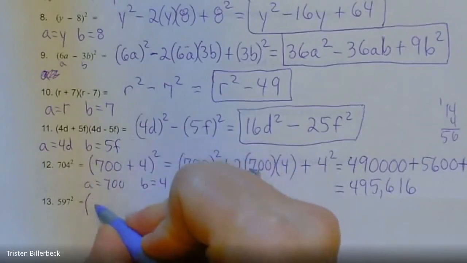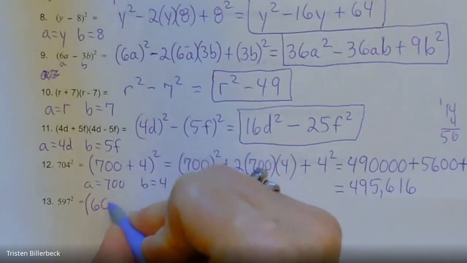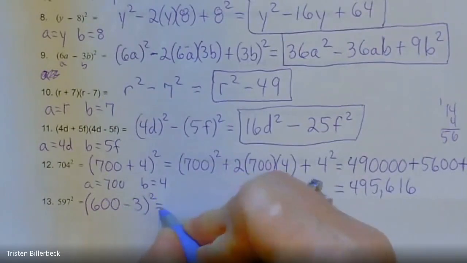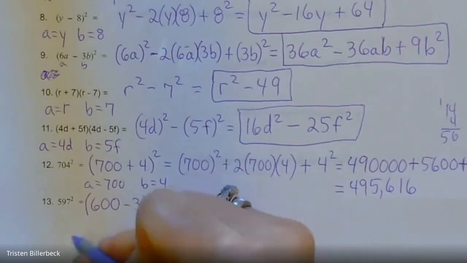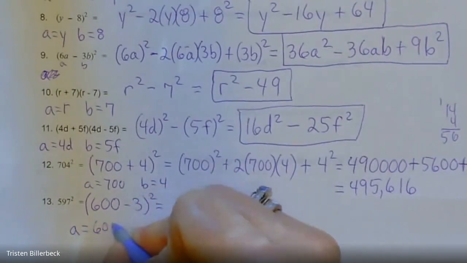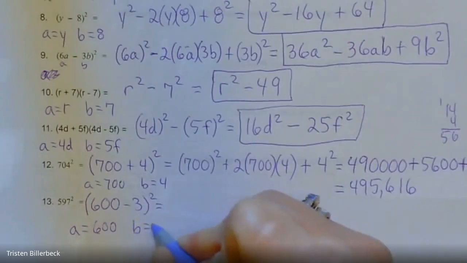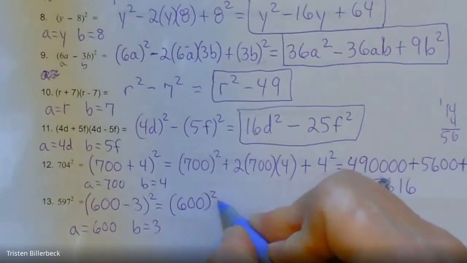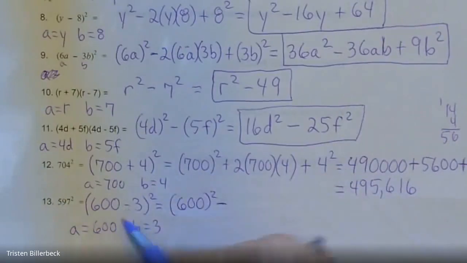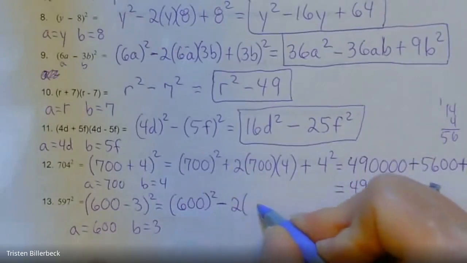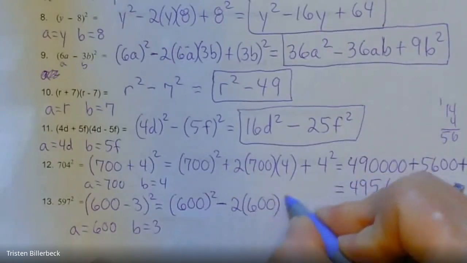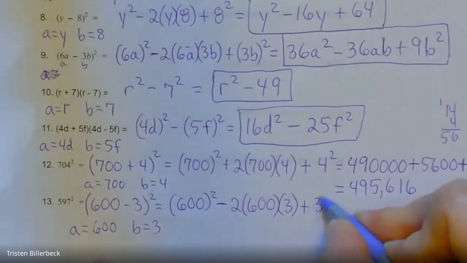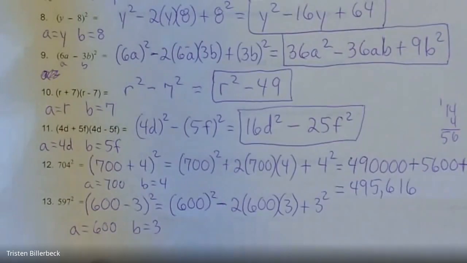All right, so we have, that's close to 600 minus 3. So if we use the same formula where A equals 600 and B equals 3, we get 600 squared minus, because we're using a minus sign here, 2 times A times B plus B squared, which is 3 squared.